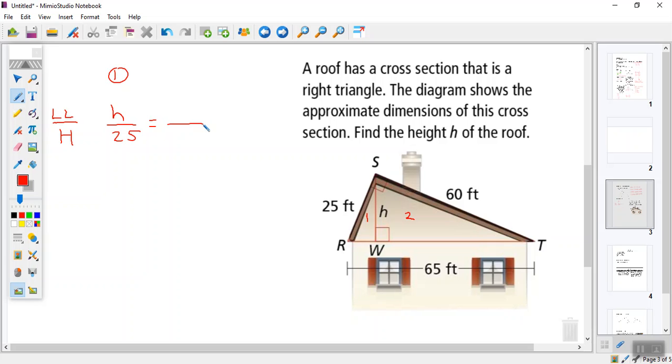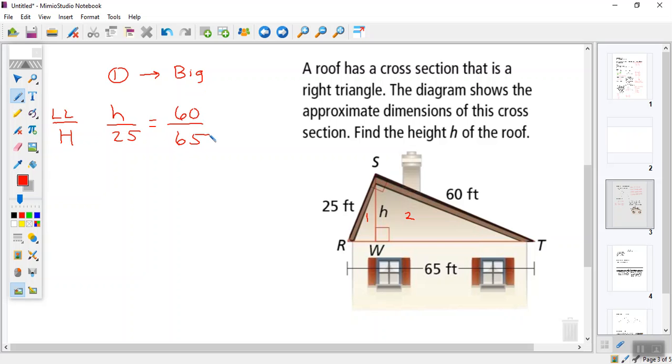Is 60 the long leg in the big triangle? What's the hypotenuse in the big triangle? 65. Okay.